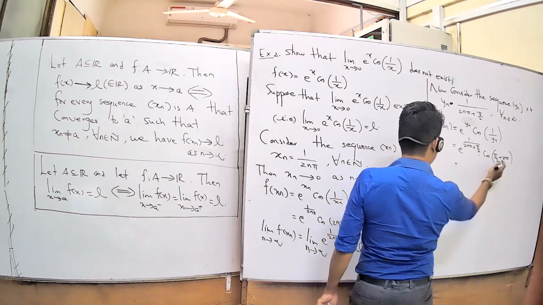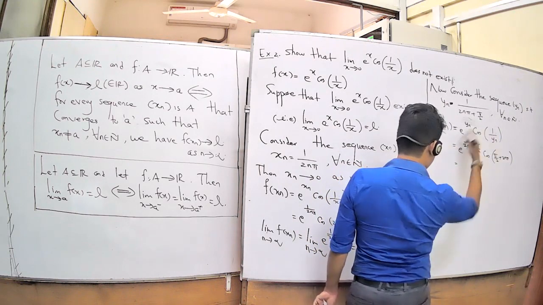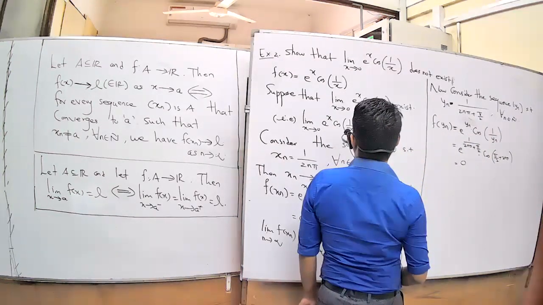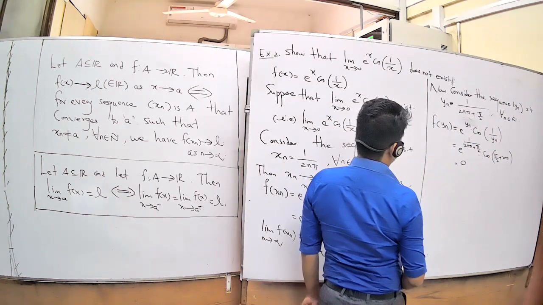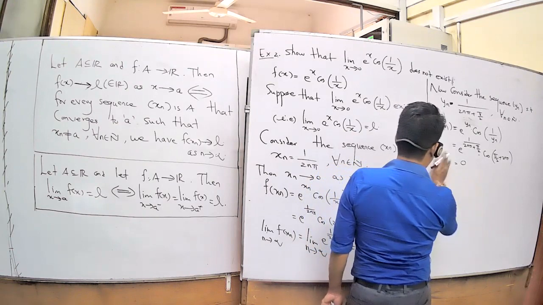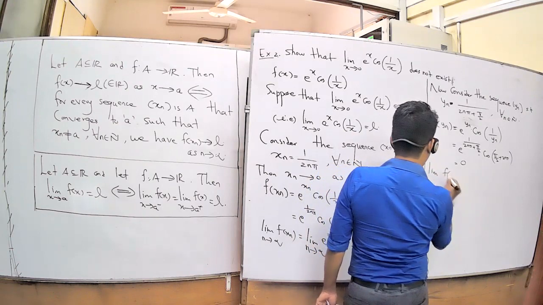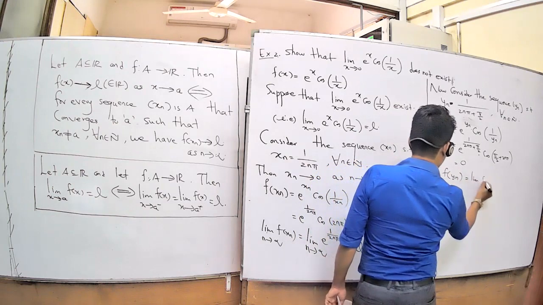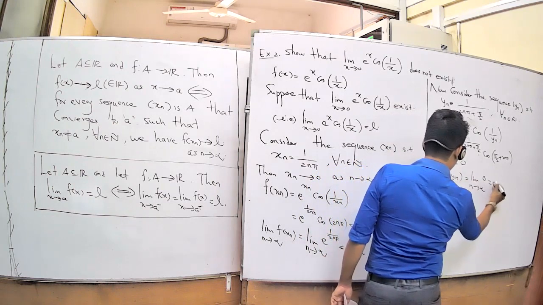Then the cosine of pi by 2 plus 2n pi becomes 0, so altogether you have 0. Therefore, you take the limit of f of yn as n tends to infinity, and you get the value 0.